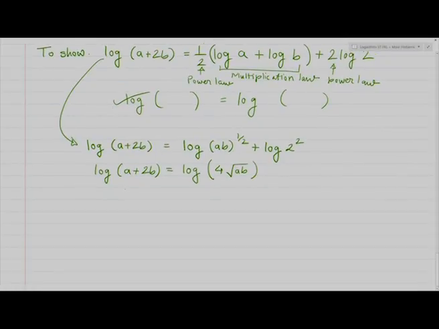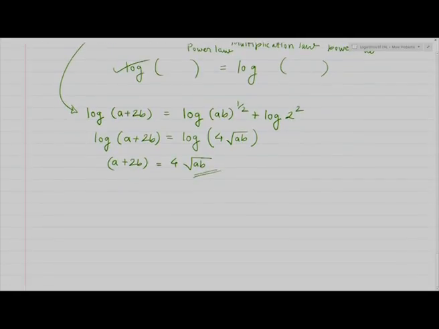So, I can write a plus 2b is equal to 4 square root of ab, but I do not like this square root because then I cannot handle many things. So, I want to eliminate this square root. Then what I will do is I will square both the sides.